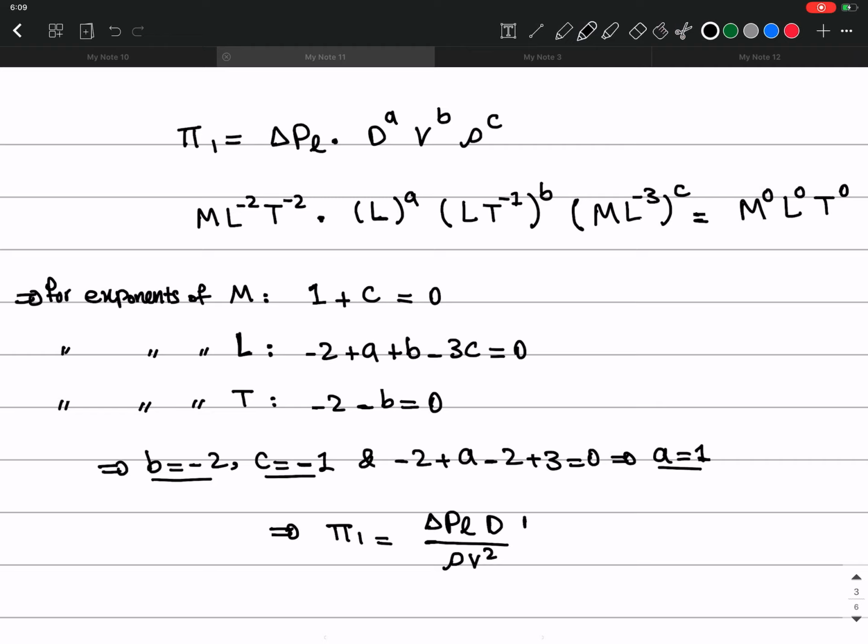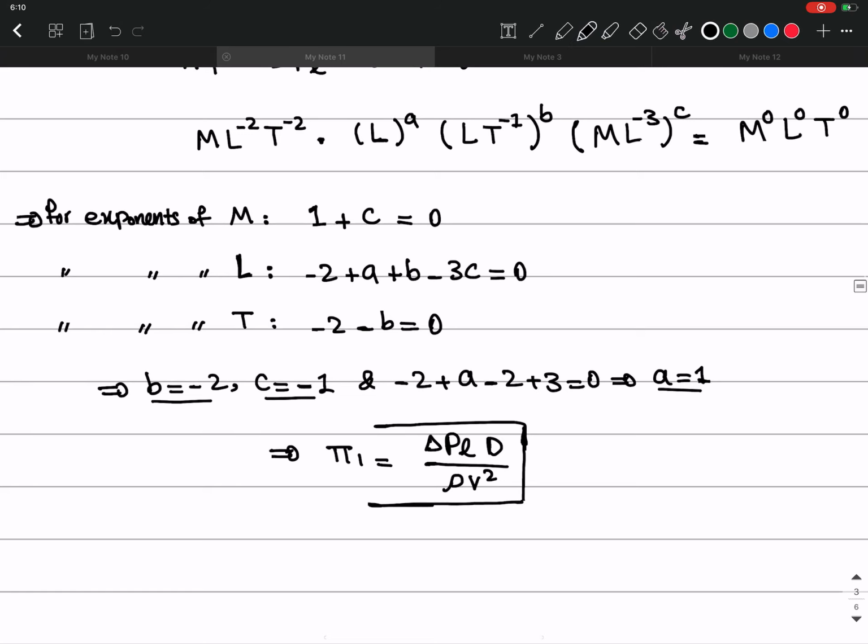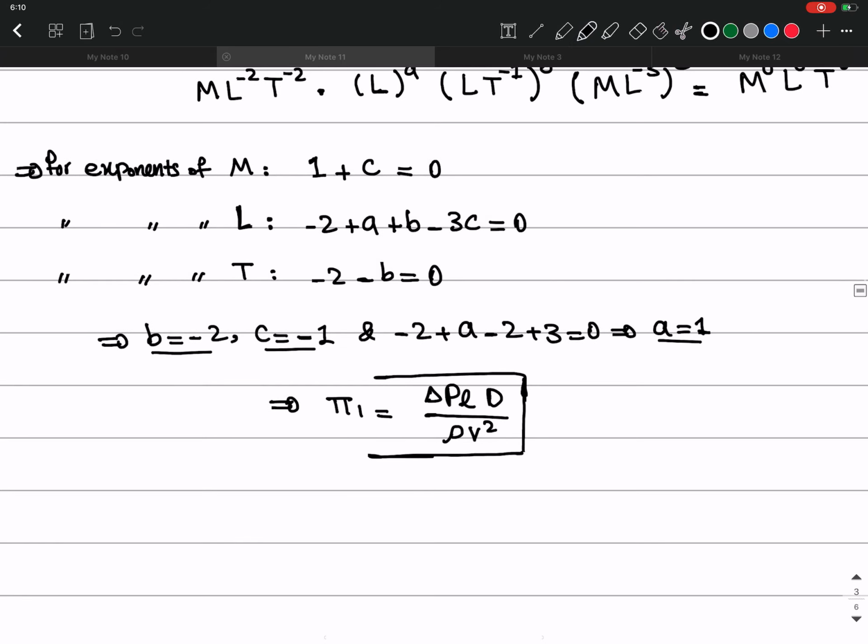Okay. So this gives me the first pi term, or dimensionless number. This is dimensionless. You can calculate it, it has no dimension, and it's very great because you can use it in any unit. You can measure all of this in either British or SI units, and it's going to give you a dimensionless number. So it doesn't matter if you use the British system or the international system.